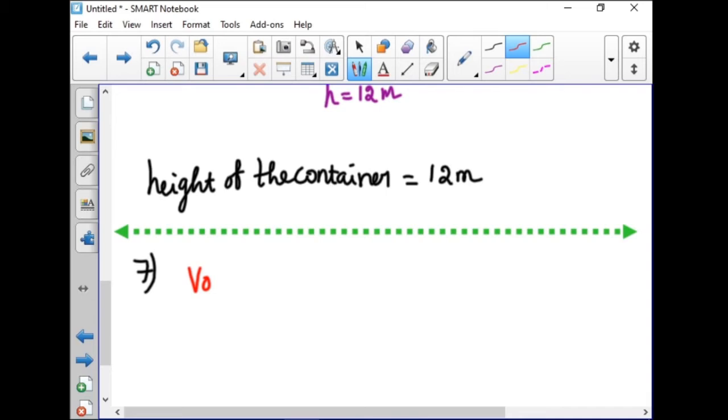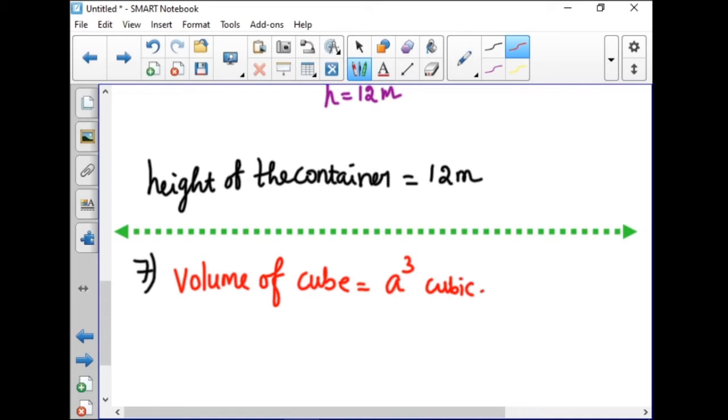Volume of cube is equal to, the formula is a cube, or side into side into side. The unit is cubic units.